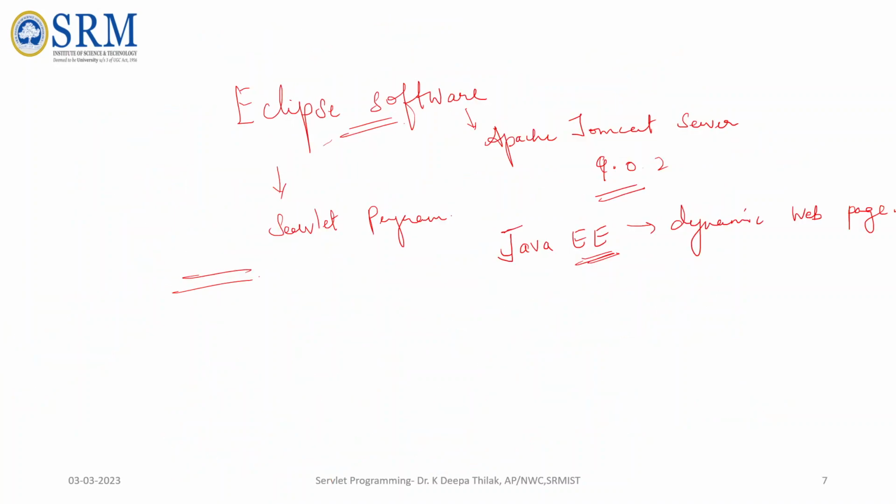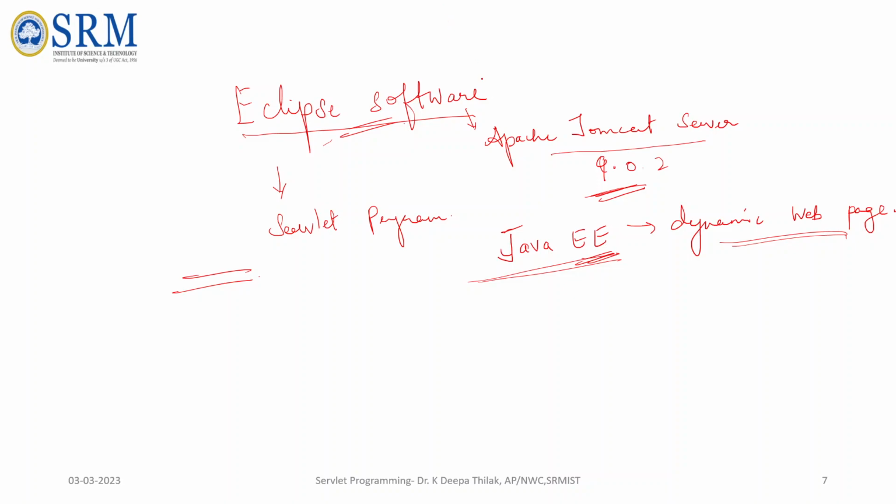For the demo, I use Eclipse with the Apache server. It is installed by default. If you need the latest version, there is a provision in the software itself to install it. One more thing: to create dynamic web pages, we should have the Java Enterprise Edition package installed.